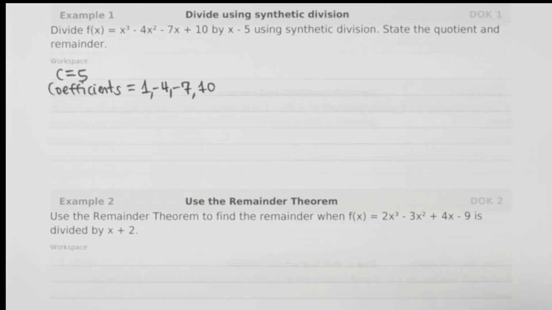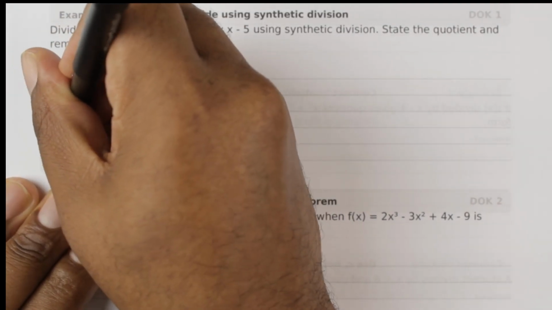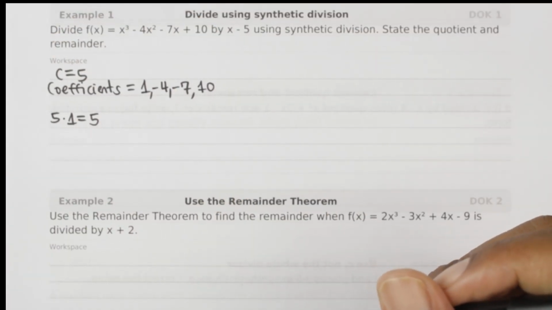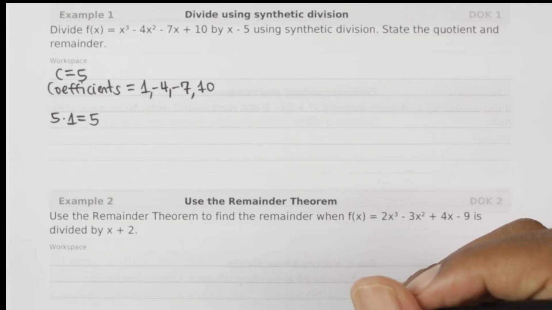Now, let's set up synthetic division. First, let's bring down the first coefficient, which is 1. Then we multiply 5 times 1. Now we add -4 and 5.